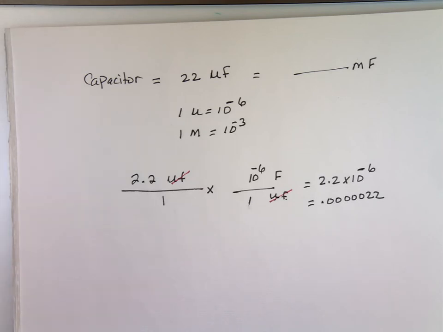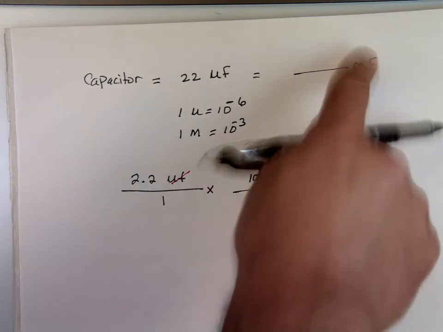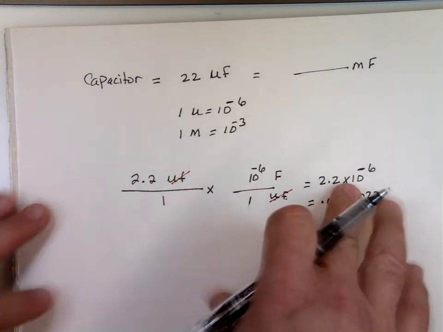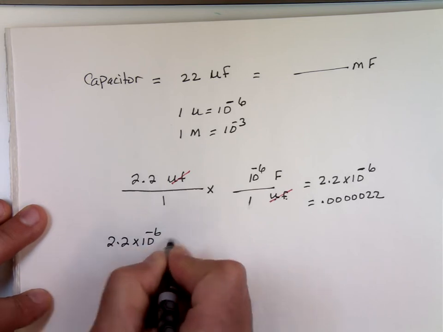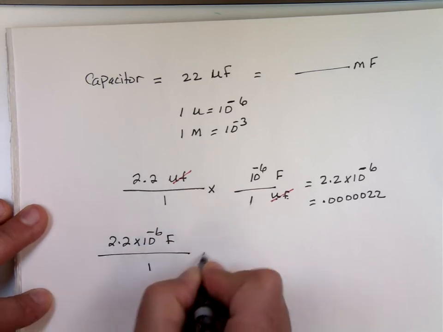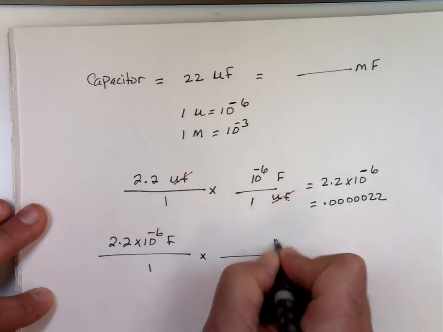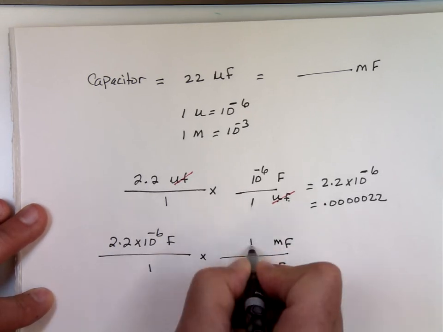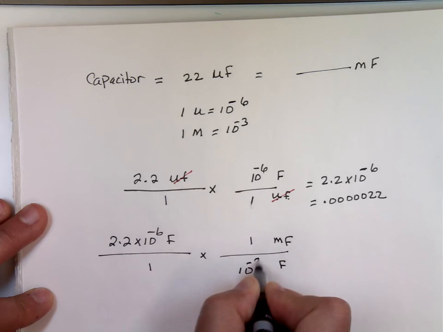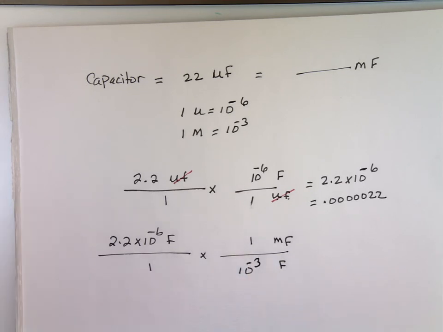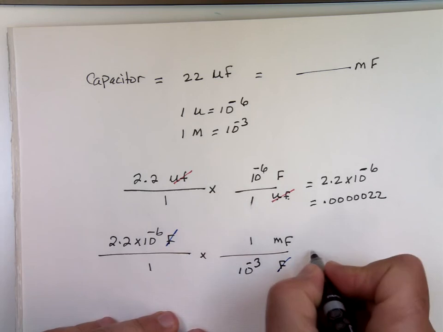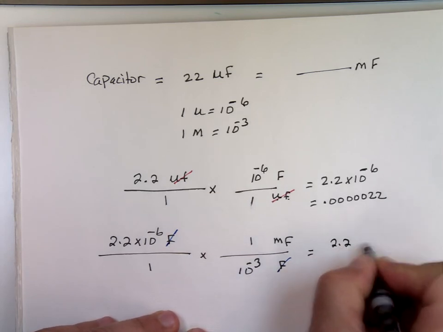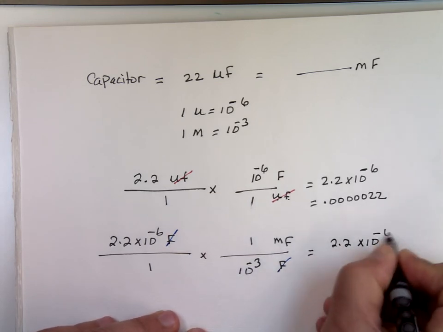But that's not in milli. I want it in millifarad. So let me take that number and convert it now from farad to millifarad. 1 millifarad equals what? 10 to the minus 3? The farad will cancel each other out. So you will have 2.2 times 10 to the negative 6 over 10 to the minus 3.